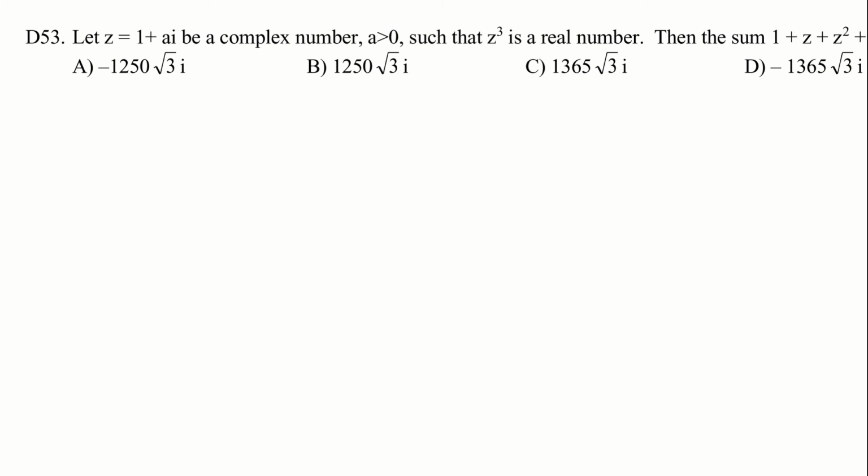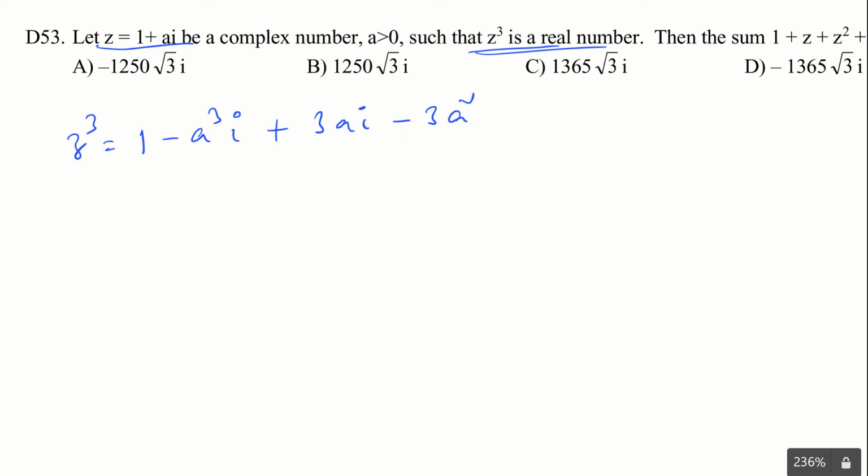In this problem, he said that z cube is a real number. So let's go for z cube first. Z cube is equal to a cube plus b cube plus 3a square b plus 3ab square.